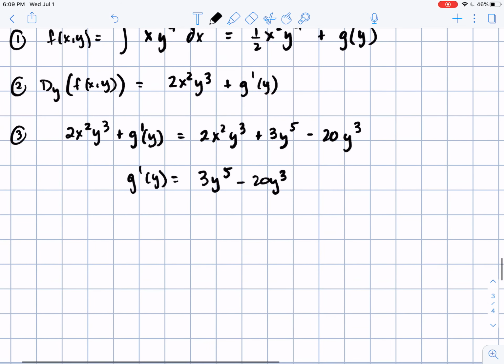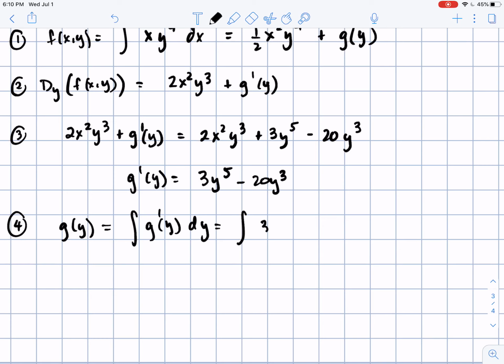Okay, and now to take the antiderivative of what you got in 3 to find g of y, which is going to be your antiderivative of that derivative with respect to y.